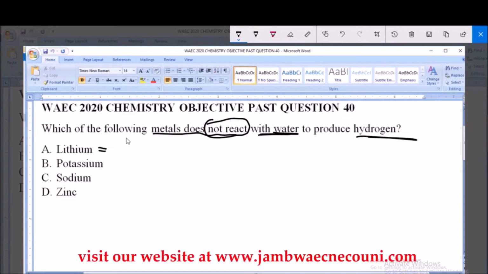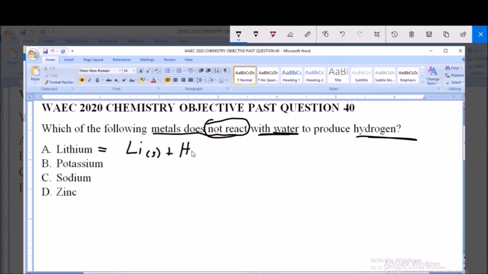Now, lithium reacts with water violently to form lithium hydroxide and gaseous hydrogen. So as you can see, it reacts with water to form hydrogen.